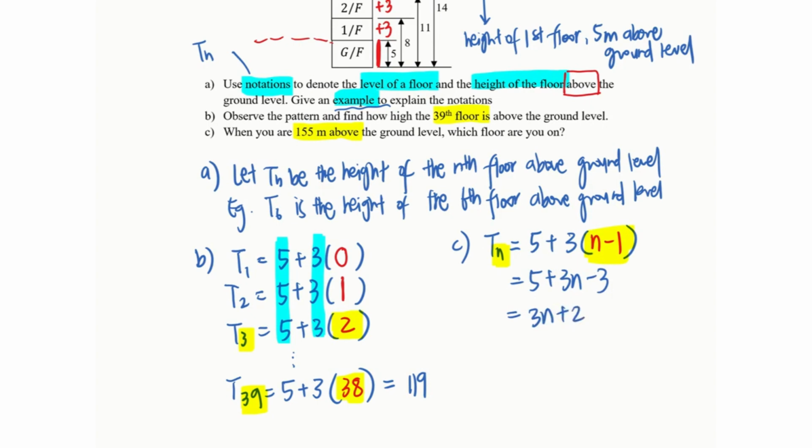So to find 155 meters above ground level, it will just be 155 equals 3n plus 2, and we'll solve for n. 3n equals 155 minus 2, and n will be equal to 153 divided by 3, and that will actually give you 51.